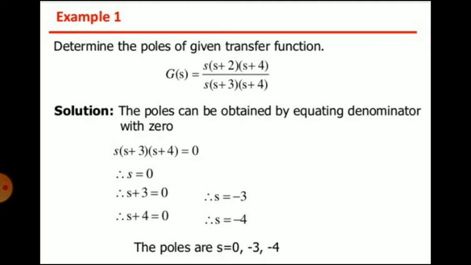These roots, obtained by equating that denominator to 0, are called the poles of the given transfer function. So the poles are s equal to 0, s equal to minus 3 and minus 4.